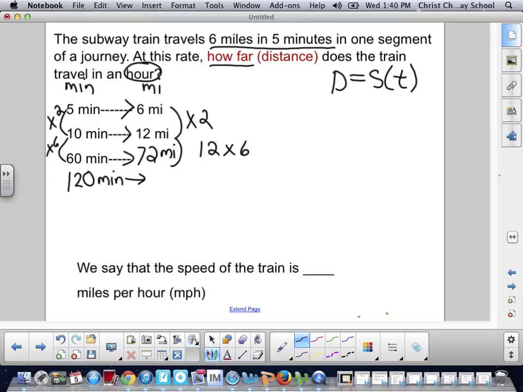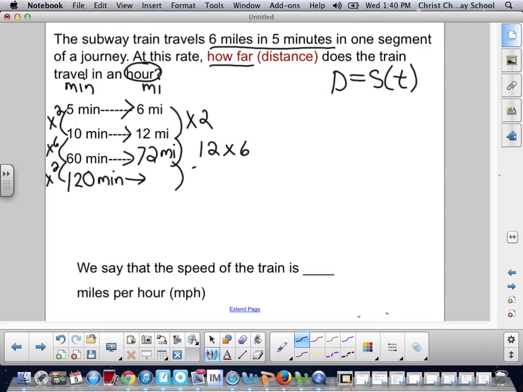Well, welcome back. Hopefully you could figure out or see that 60 times what will give me 120? Well, that's doubling it. So we essentially multiply it by 2. And so again, what we do to one side, we need to do to the other side.